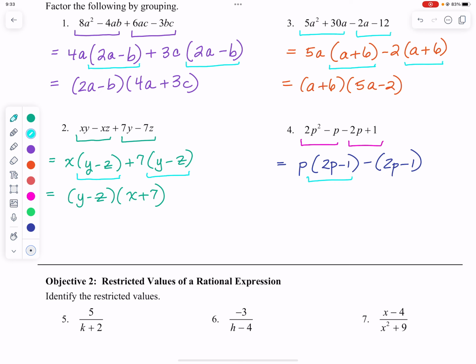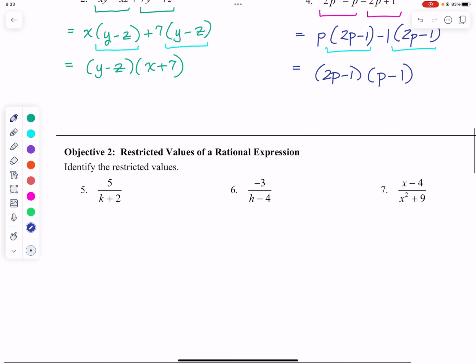Now we have a common factor between those two terms. So if I factor a 2p minus 1, I get a p minus 1. And you could go ahead and say you're factoring a 1 out of there if you'd like. Sometimes it's easier to see it like that. And really, we are factoring a negative 1 out of there.